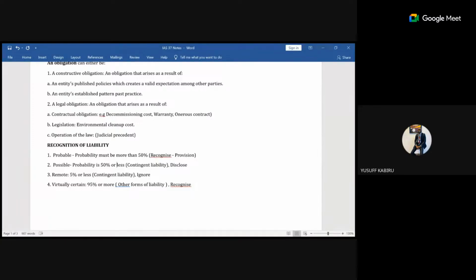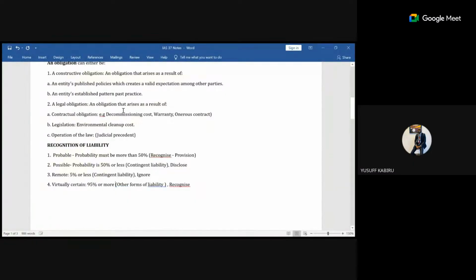It's an obligation that is possible. Then remote. Remote is when it is less than 5%. When it is less than 5%, IAS 37 says you should ignore it. In fact, don't disclose it in the notes to the financial statement. Then, when something is virtually certain, it is 95%.